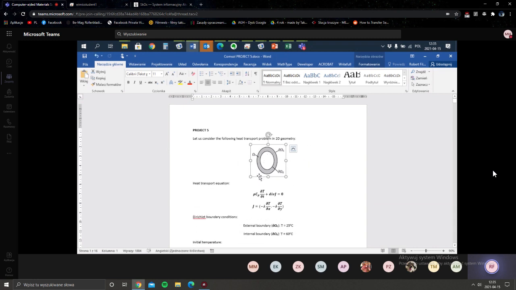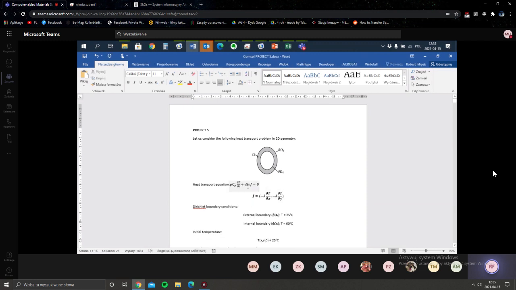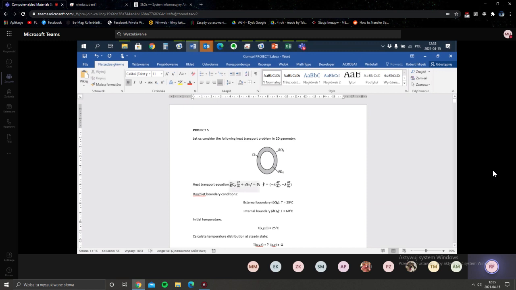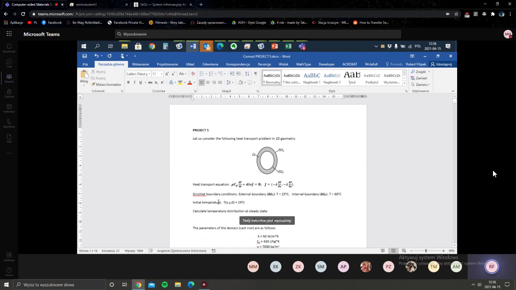We have a certain ring, and we have some description of the model. We have Dirichlet boundary conditions. The initial temperature is like that. We have to calculate the temperature distribution.